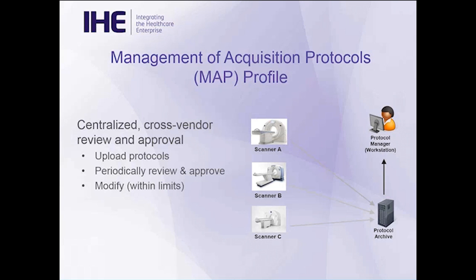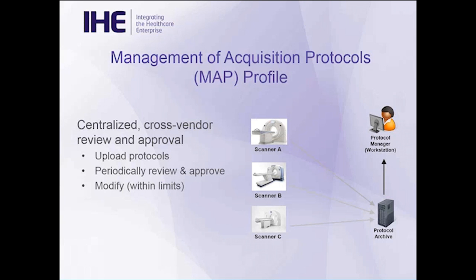So the protocol manager, in addition to reviewing and approving them, will also be able to make some modifications. Now, it says within limits. There are certain details, things like series descriptions, things like protocol codes, that would be very sensible to manage centrally. There are other aspects, such as some of the detailed X-ray parameters, that may only be editable on the scanners themselves.